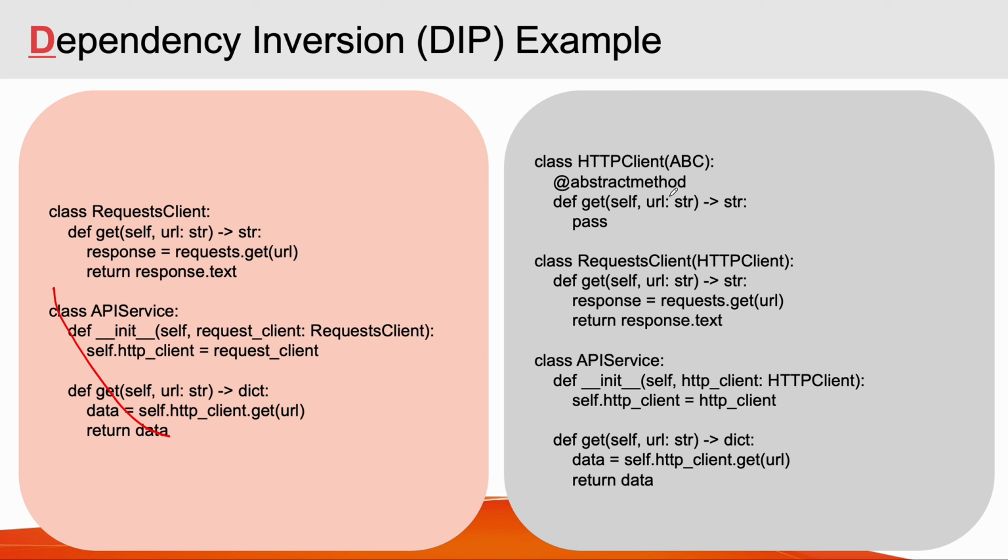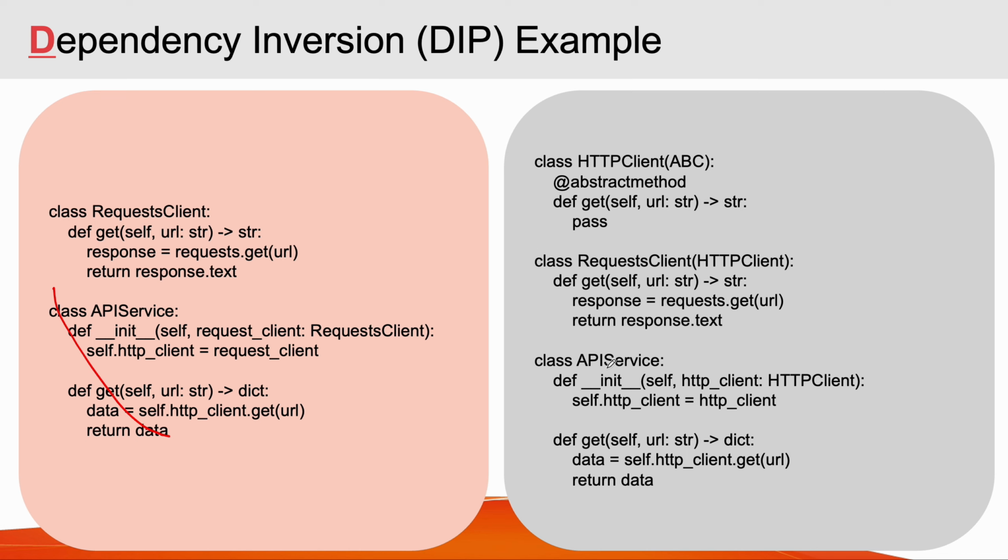On the right side of this example, HTTP client is the base class where we have an abstract method called get, and we have used this base class to create request client, right? And we are setting HTTP client. Now, as you can see, this is very similar to the earlier one.